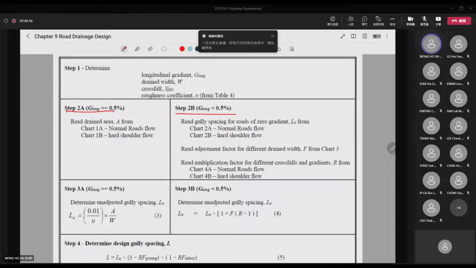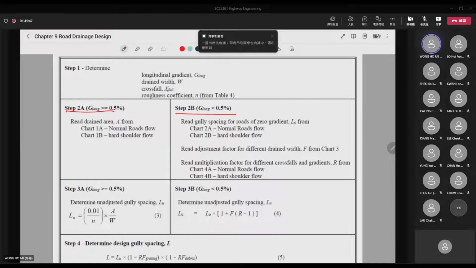For example, if it is larger than or equal to 0.5% and you have a normal road flow, that means a normal road design, then you should go for chart 1A and look at the drained area. If you have a hard shoulder flow, that is not a normal flow; it is for the expressway. Then you have chart 1B.